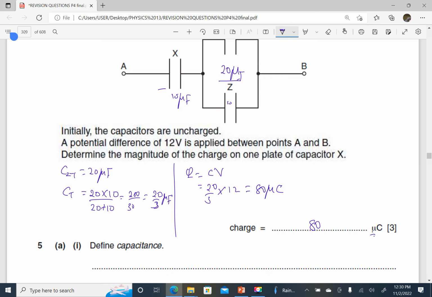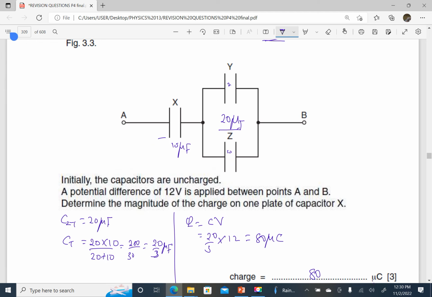We can also use the concept of charge. Since total charge is the same, the charge on plate X is the same as total charge on ZY.